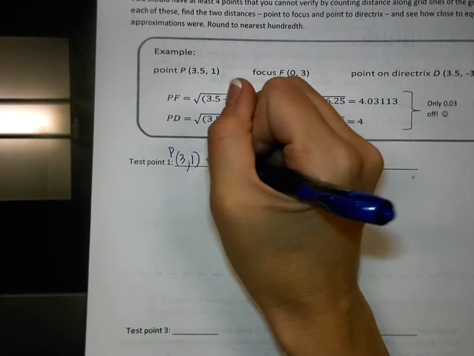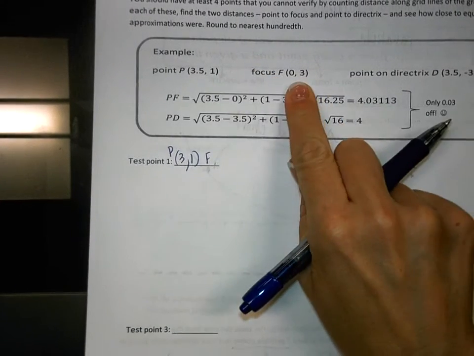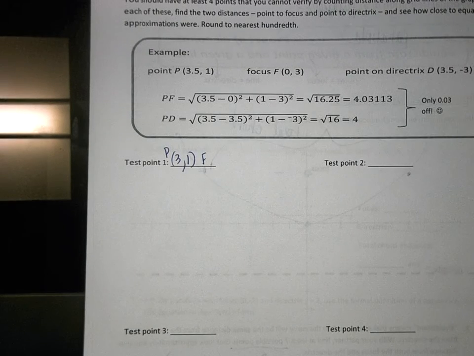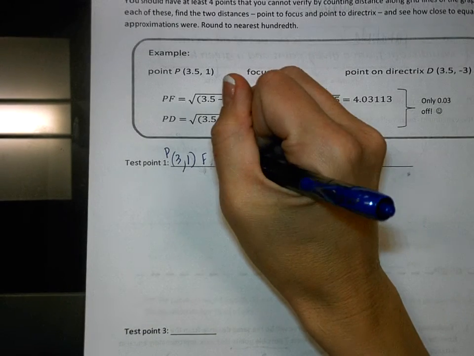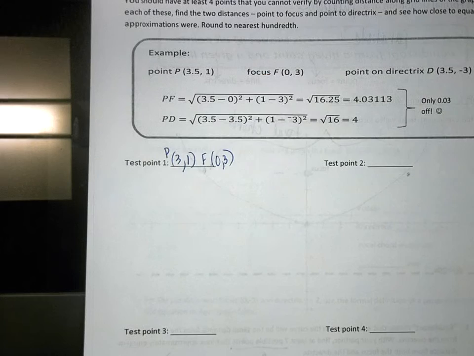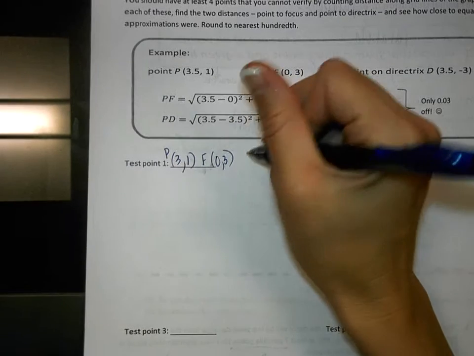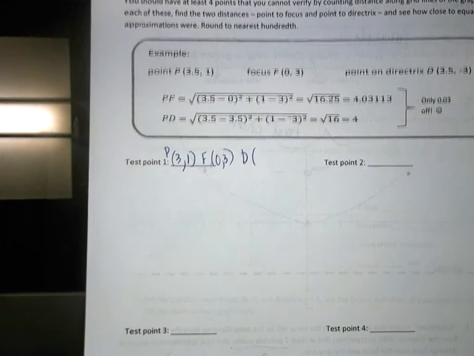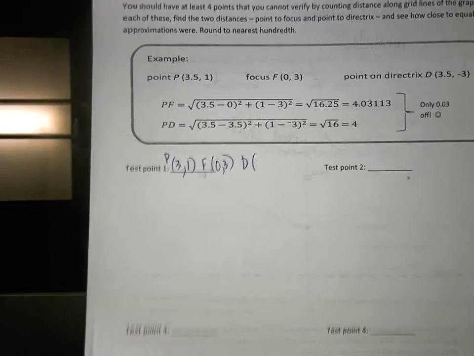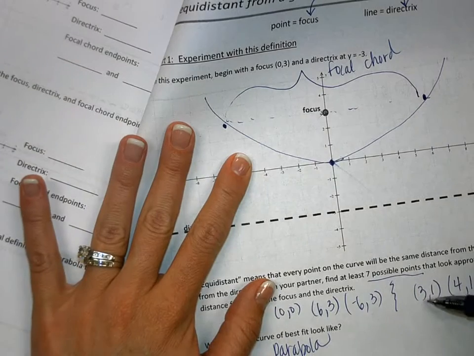And then our focus is this focus. So if we go back, our focus is at 0, 3. Because remember, it was 0 up 3. So 0, 3. And then our directrix, I'm going to put D, is we're going to be using the same value here.